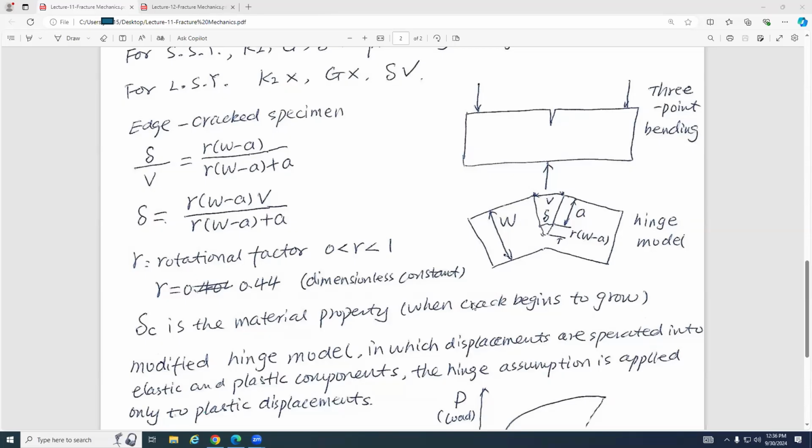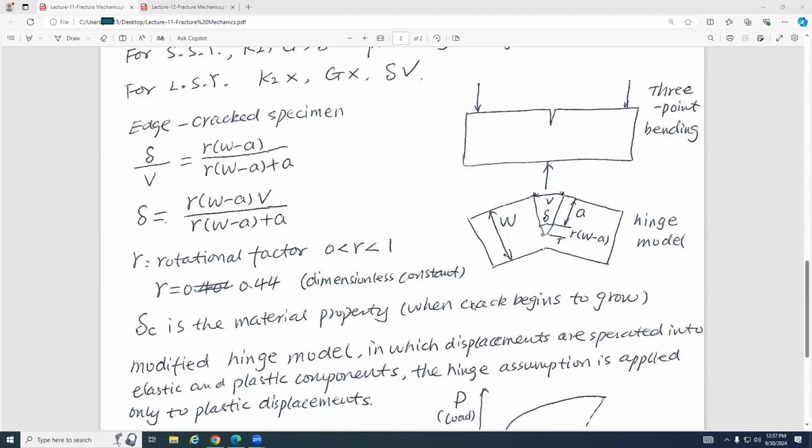So this one equals R W minus A. This is R W minus A.